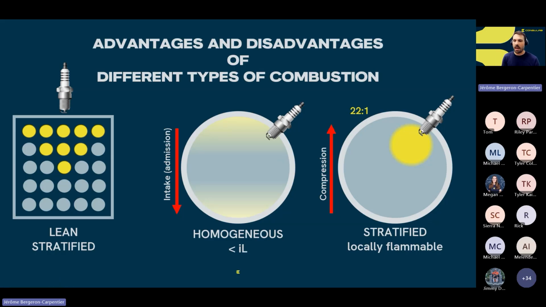So for example, we can have, I don't know, 11-1, really locally close to that spark plug. That's going to make it possible for the engine to create that combustion and run on a super lean ratio. That is something really cool about that strategy, being able to run super lean but still being able to have combustion.